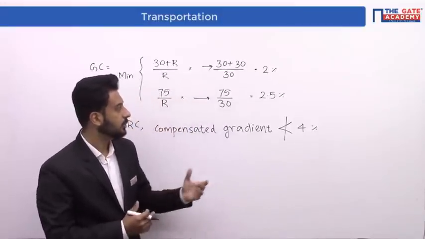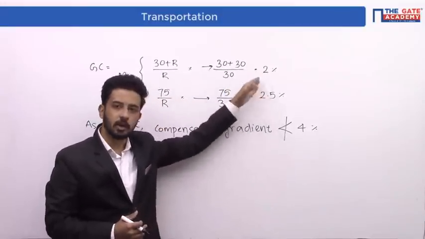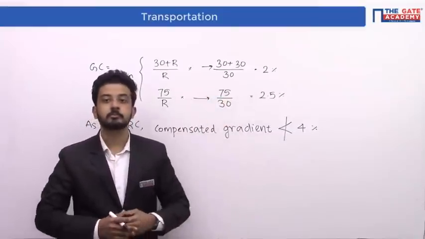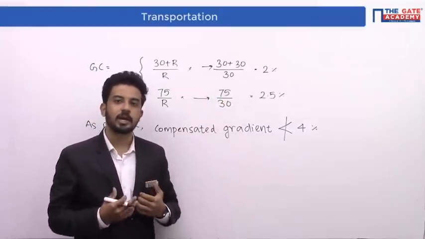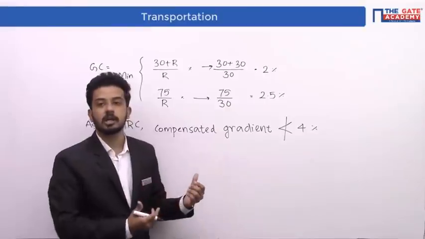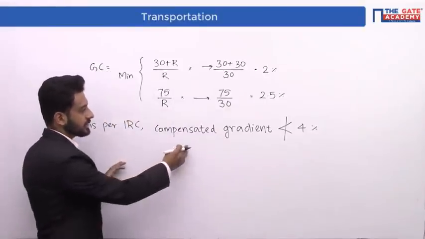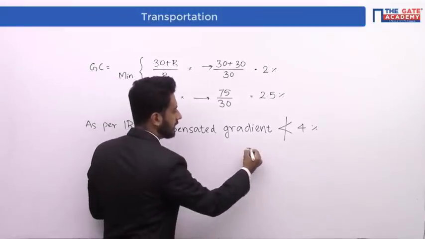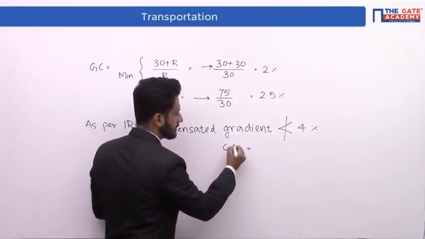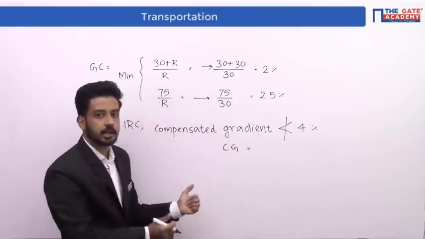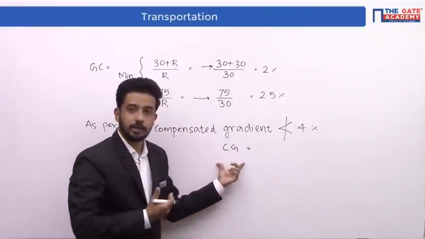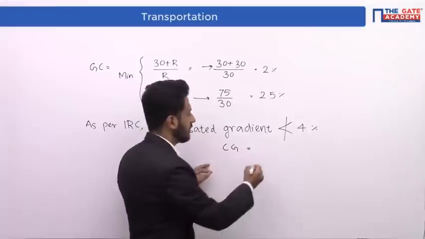Correct? So, after obtaining the value as per the equation, we have to check whether we are obeying the rule given as per IRC. Okay? So, what is the value of compensated gradient? I am representing it as CG, compensated gradient.